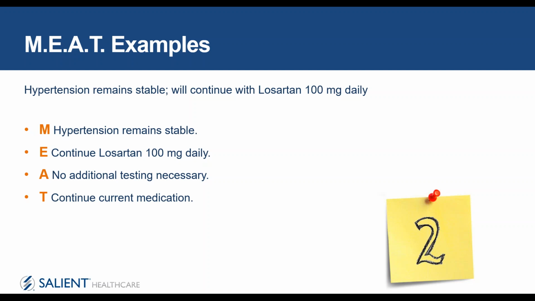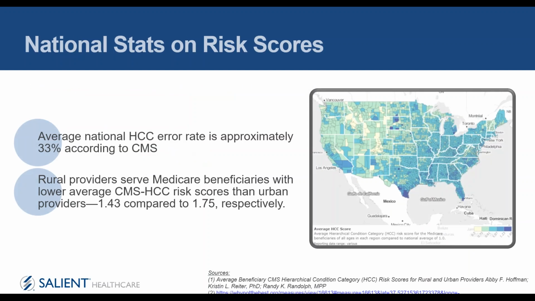Absolutely. So I wanted to take some time today to review some national statistics with you. Interestingly, we know that there is an error rate of about 33% for HCCs. Additionally, rural providers serve Medicare beneficiaries with lower average HCC scores than urban providers, a 1.43 compared to 1.75.